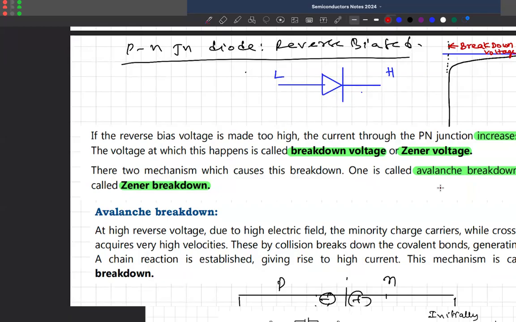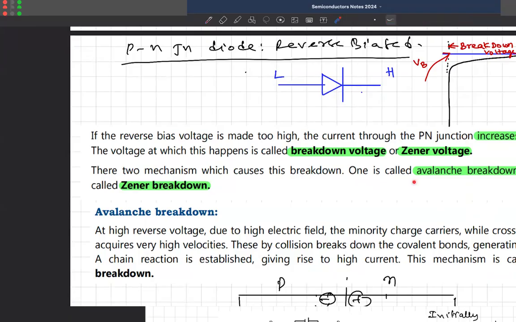The voltage when this happens is what we call the breakdown voltage or Zener voltage. The breakdown region operation is classified into two categories; I can say breakdowns are basically of two types.